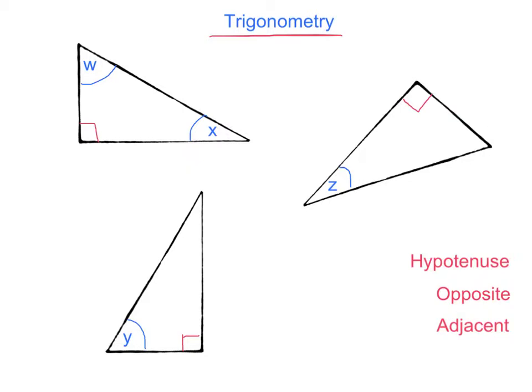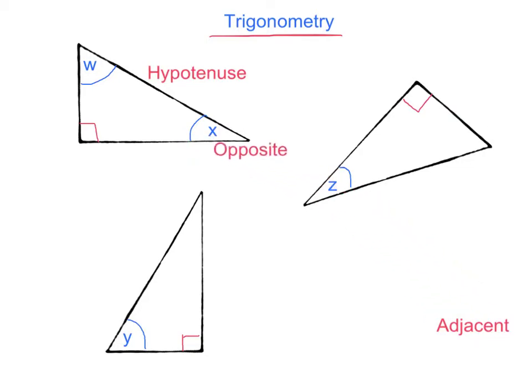Now we already know from Pythagoras that the hypotenuse is the longest side of a triangle, and you can always find it because it's across from the right angle, it's always easy to find. Now if we're talking about angle X, then the opposite side is literally the side opposite angle X, so it's over here.